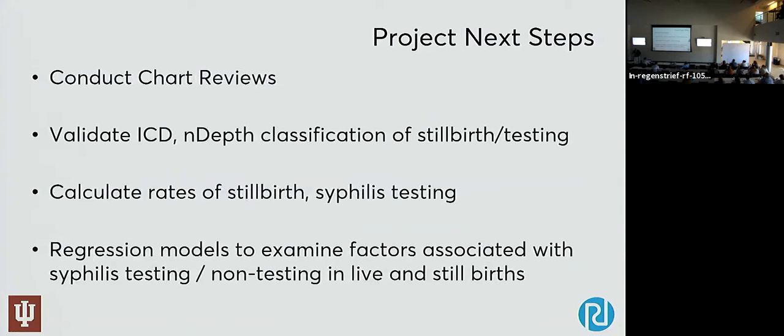We can also use regression models to examine the factors associated with getting a test or not getting a test, as the case may be, in both live births and stillbirths, which we think may be different.